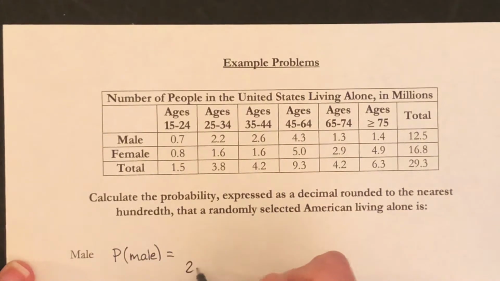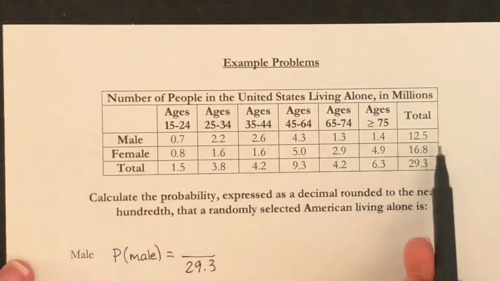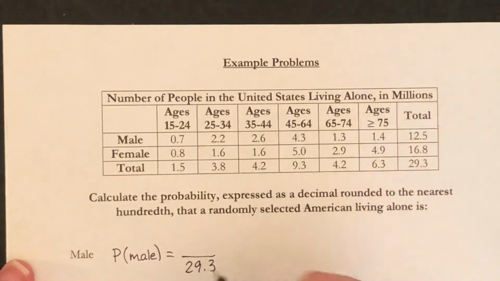So 29.3 is going to go in the bottom because that's the total number of quote unquote experiments, the total number of people we're talking about. Now, how many males were in this? Well, here they gave you the total males, so that's 12.5.